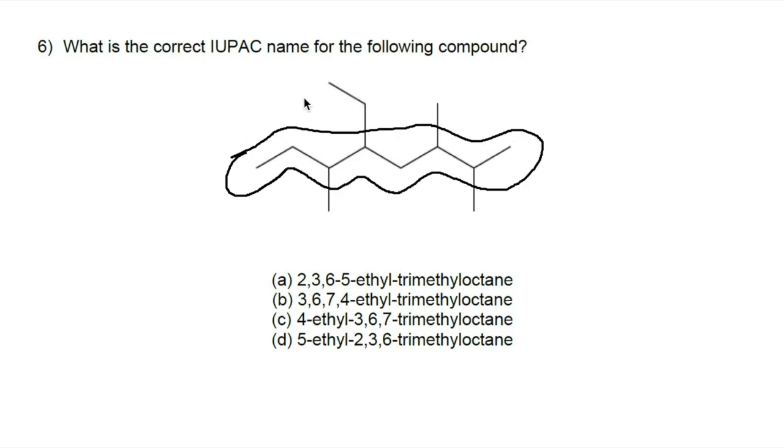Now, everything else that comes out of that chain, those are going to be substituents of the chain. So now you have to make a decision. Am I going to start numbering like this? Or I'll go the other way around. 1, 2.